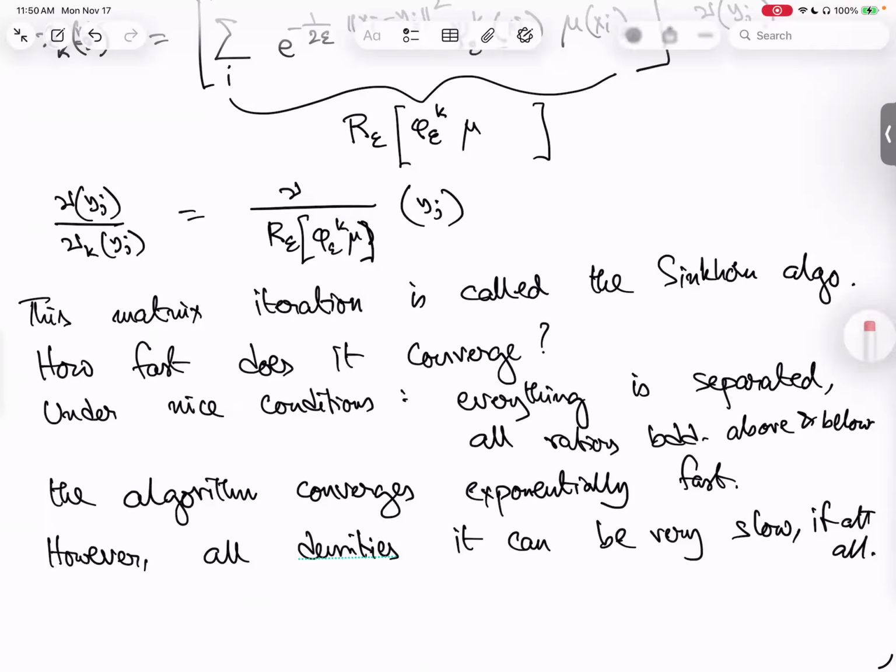We can actually show by just very soft arguments that it will converge under very minimal assumptions, but it can be very, very slow to converge. Certainly not exponentially in all cases. So going back to your question, yes, it converges exponentially fast, but that exponential rate can become very bad as the data size grows. Okay. Does it answer the question for now?